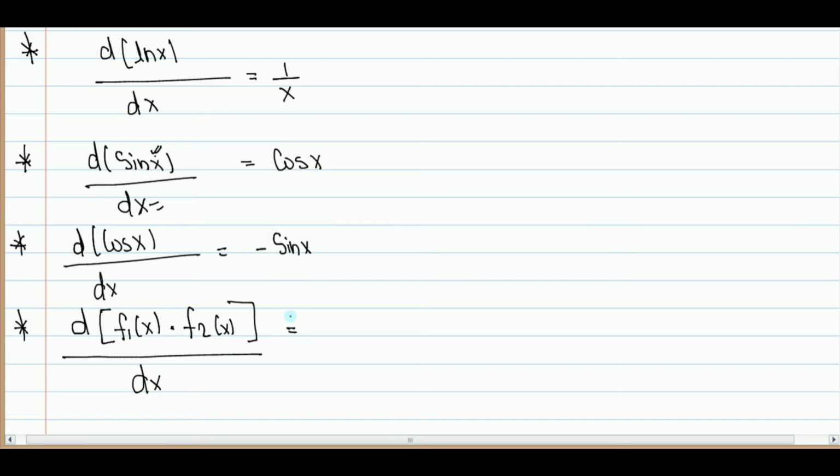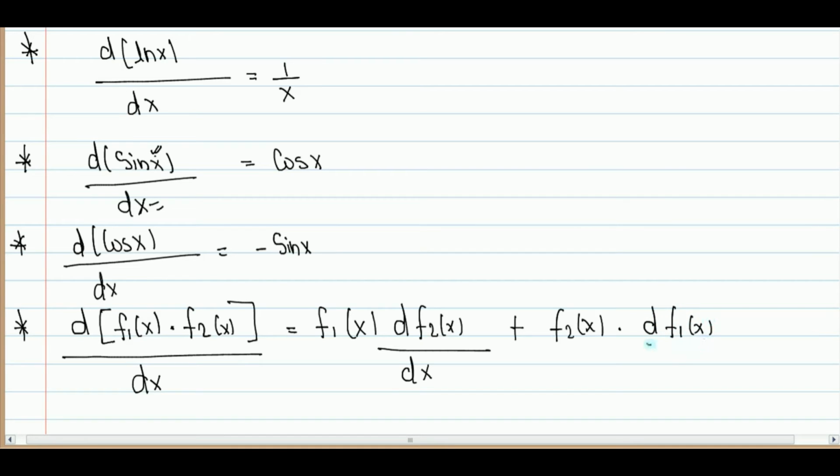What do you need to do? Take one as a constant, f1(x), differentiate the other, df2(x) by dx, then take the other one, f2(x), as constant and differentiate the first one, df1(x) by dx. Fine.